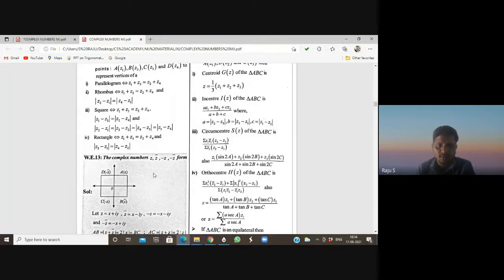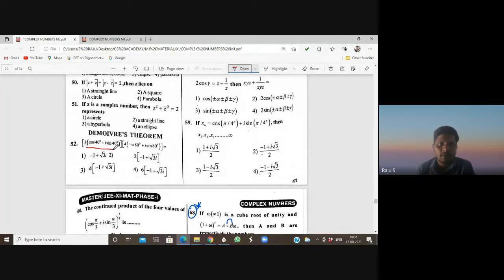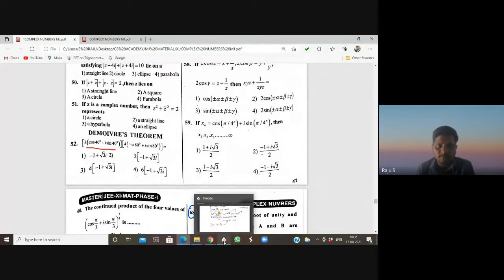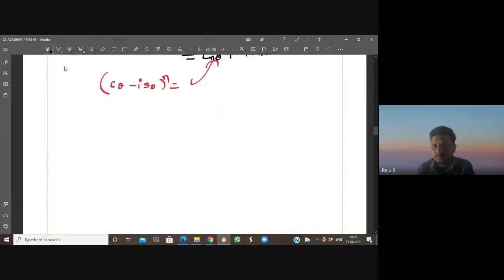These are the properties we're having. Okay, right. We'll do the problem. These are the important properties. Right, see students, and there are also a few formulas. Already I have written cis theta 1 into cis theta 2.